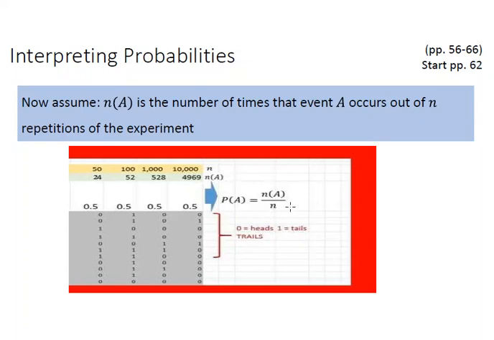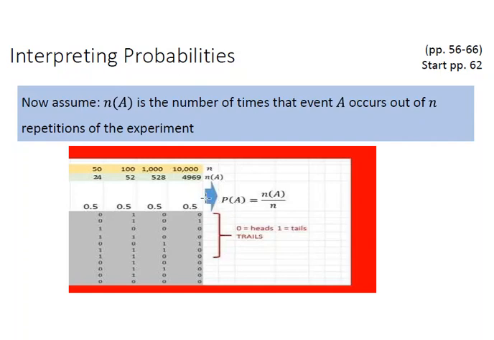By using the formula of the relative frequency, we can obtain the probability of heads for this specific coin. As you know, the probability of heads and tails for a fair coin are equal to 0.5.